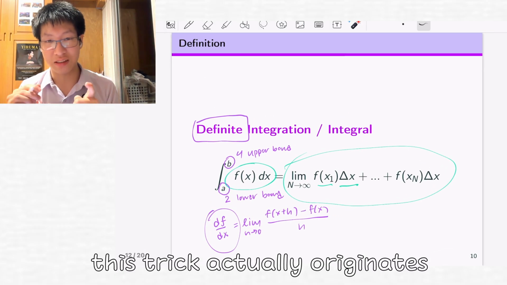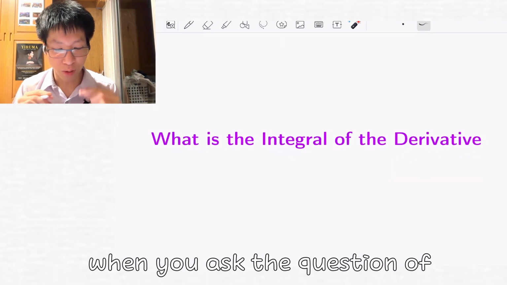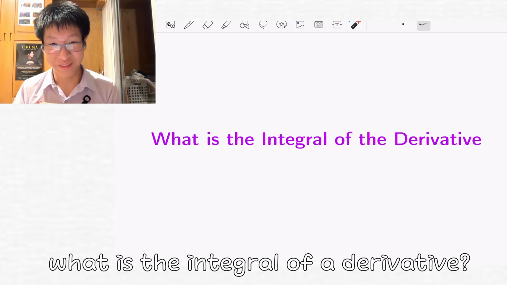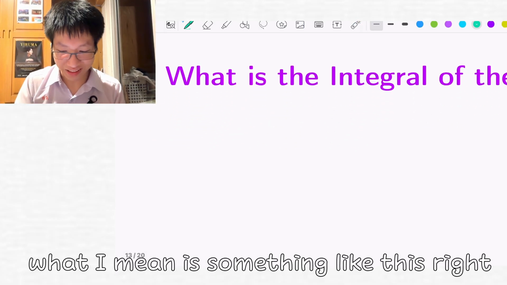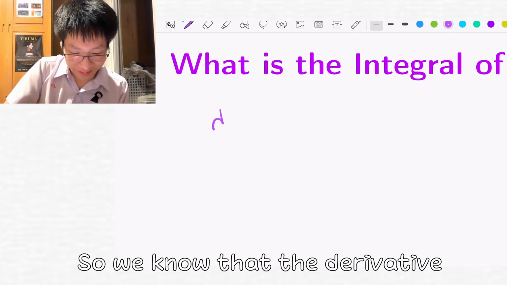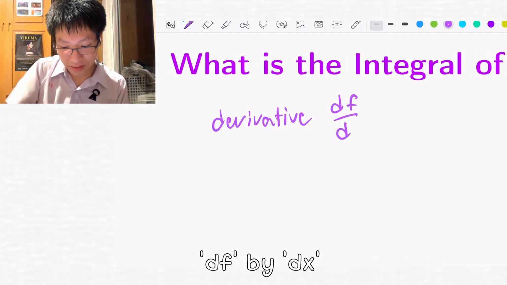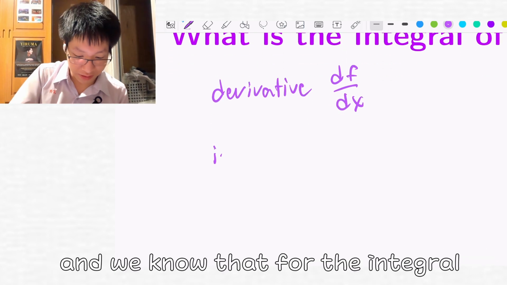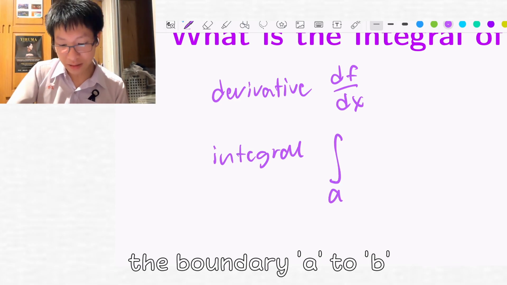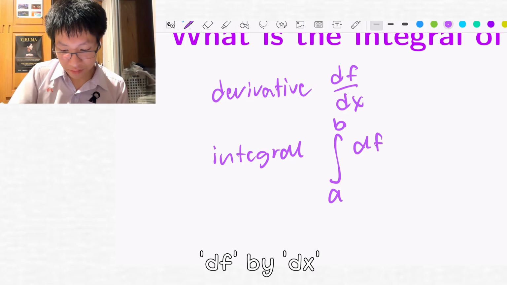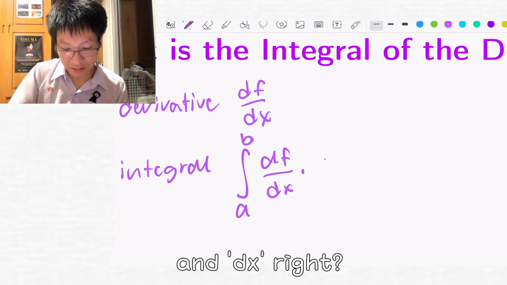This trick originates when you ask the question of what is the integral of a derivative? What I mean is something like this, right? We know the derivative df by dx, and for the integral, it's going to be integration from maybe a boundary a to b of df by dx times dx.